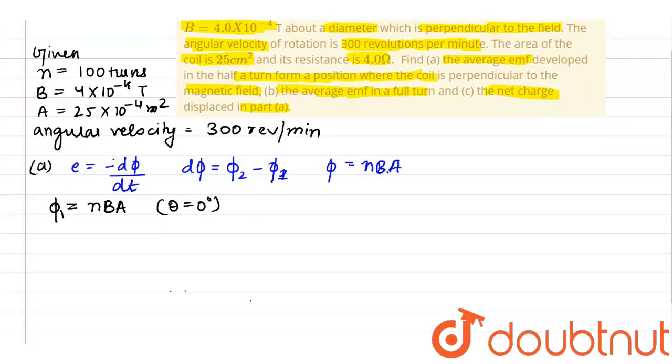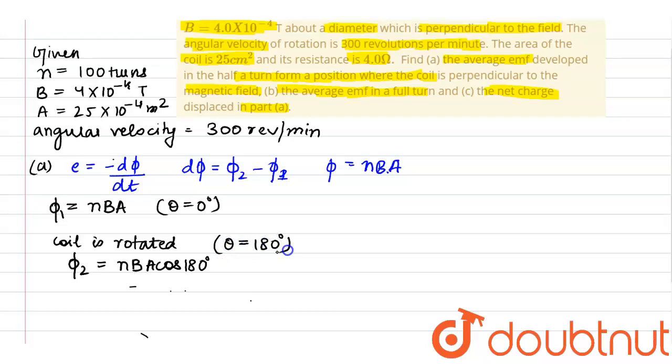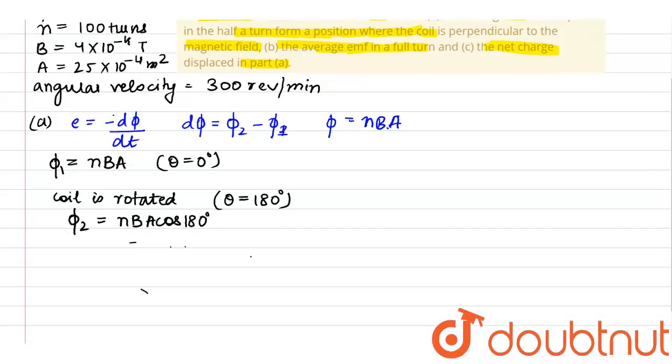But in the other case, when the coil is rotated, our phi 2 is going to be NBA cos 180 degree because theta is rotated at 180 degree. In this case, it is completely rotated. So cos 180 degree is minus 1. So the value of phi 2 is minus NBA.